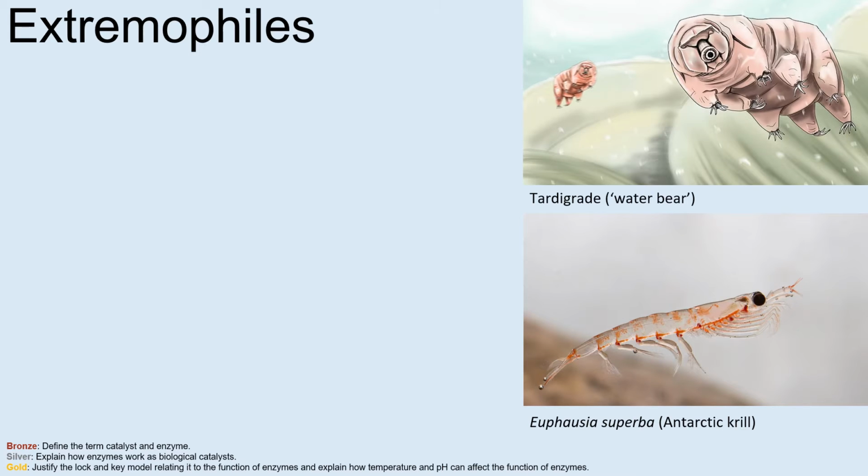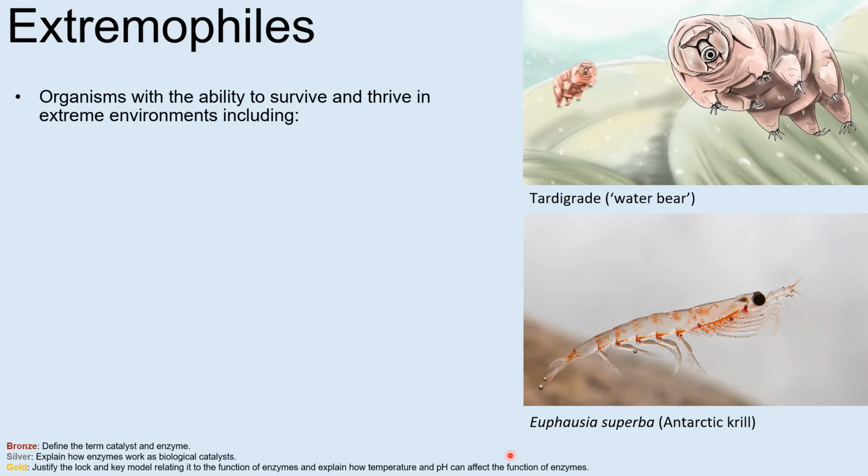Okay, so we went through the tardigrade just a minute ago, but this is another example here. This is the Antarctic krill, and that is also this type of organism. These are called extremophiles. They are organisms with the ability to survive and thrive in extreme environments, which include lots of different environments.